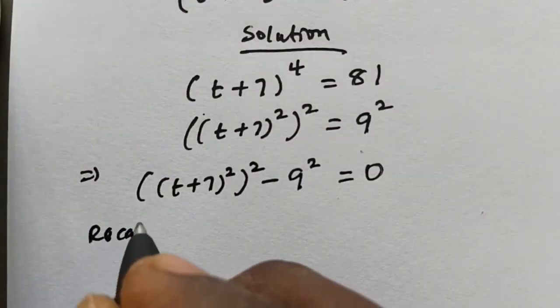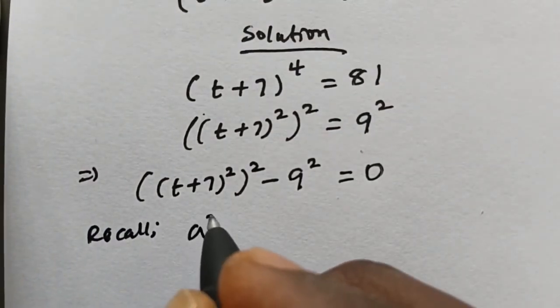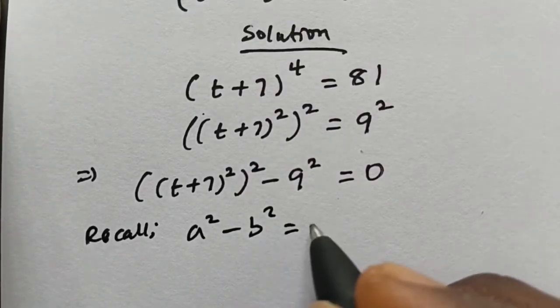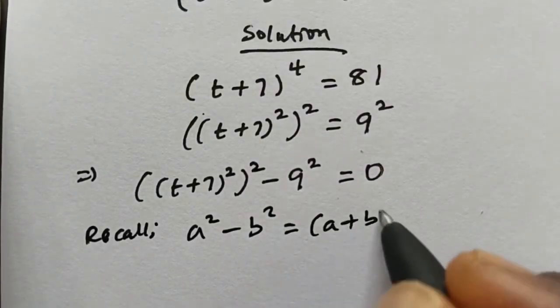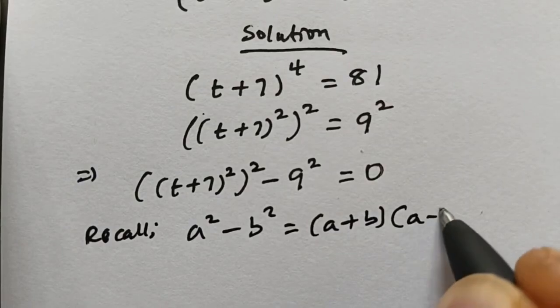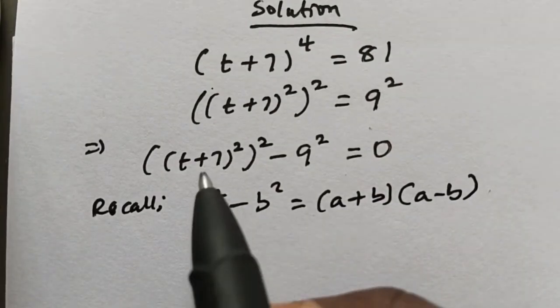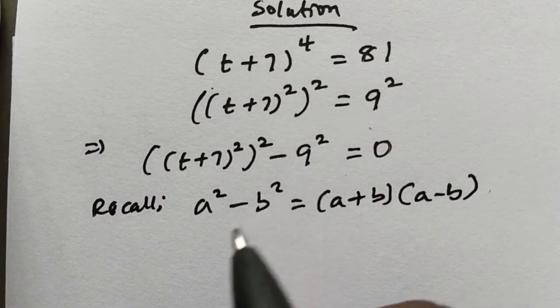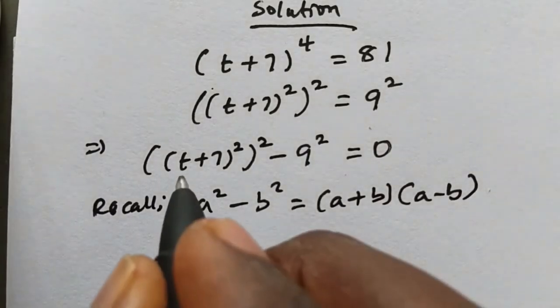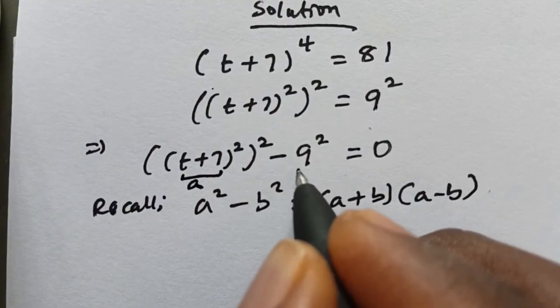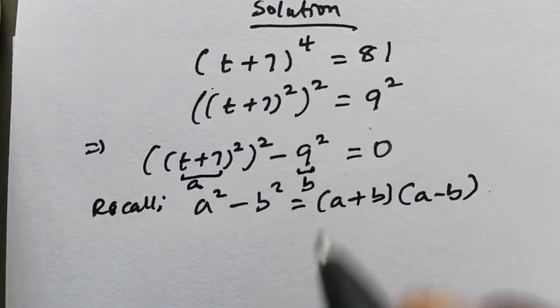Recall that a^2 - b^2 is equal to (a + b)(a - b). Applying this identity, you will notice that (t + 7)^2 is a, while 9 is simply b.